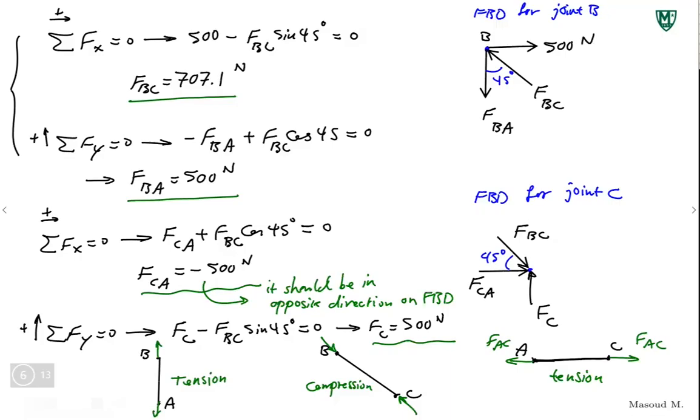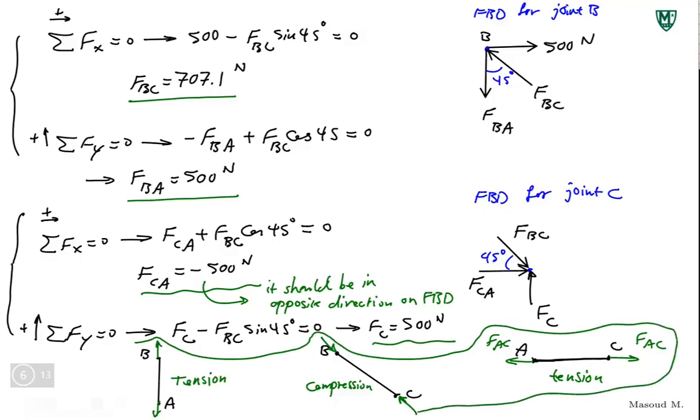All right, that's all we wanted to find out. I was trying to separate the members, but apparently didn't do a good job. These are just to show the state of each member, which we were asked, whether it is under tension or compression.